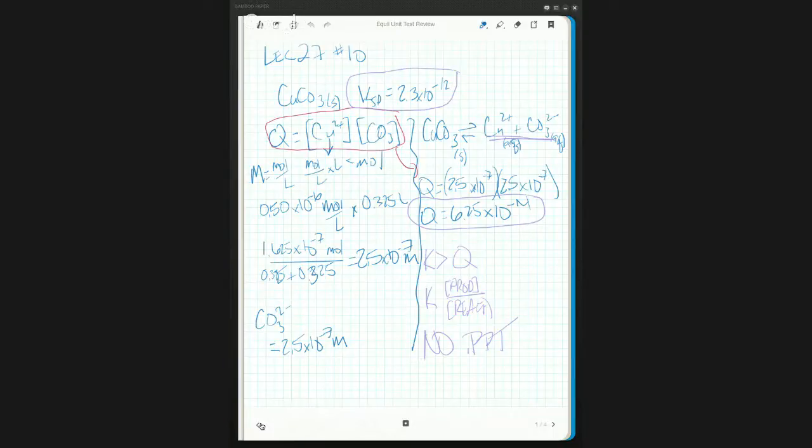Just remember that the only way to actually change K is with a temperature change. If you want to know which way a system is going to move, you solve for Q and compare it to K. If Q is less than K, it's going to move towards the products, and if Q is greater than K, it's going to move towards the reactants.